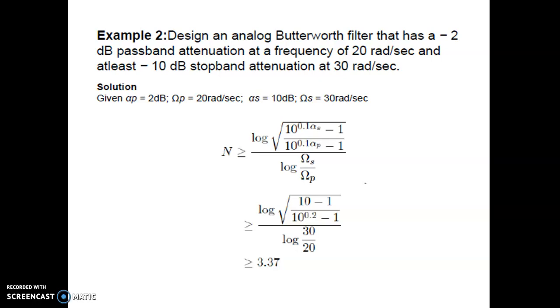Design an analog Butterworth filter that has a 2 dB passband attenuation at a frequency of 20 radians per second and at least 10 dB stopband attenuation at 30 radians per second.